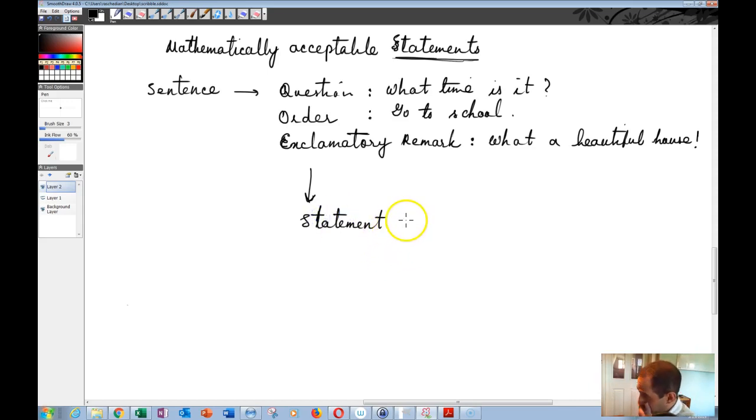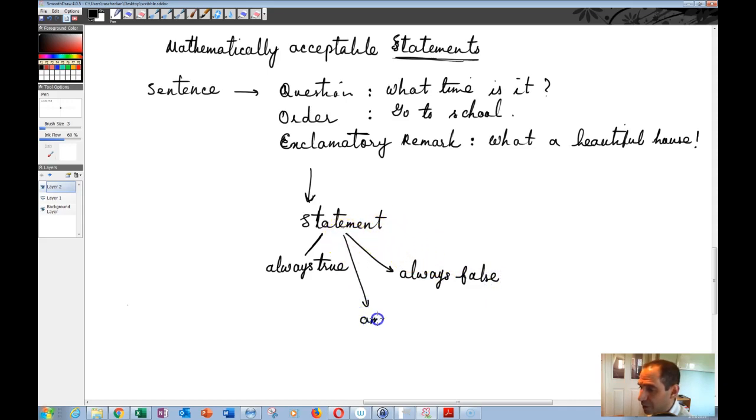In mathematics, a statement can have three different conditions: it can be always true, it can be always false, or it can be an ambiguous statement.